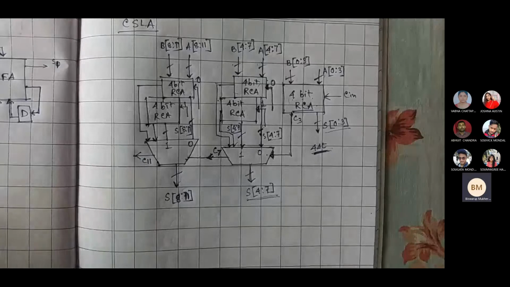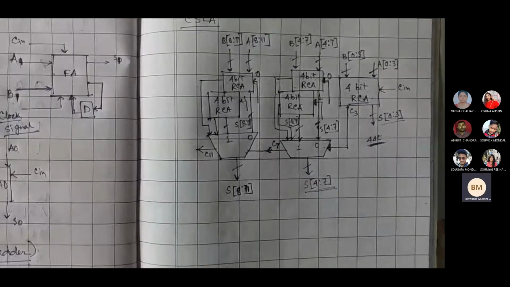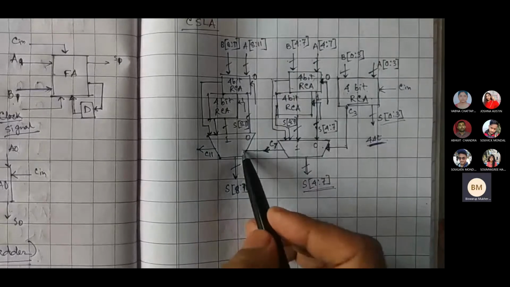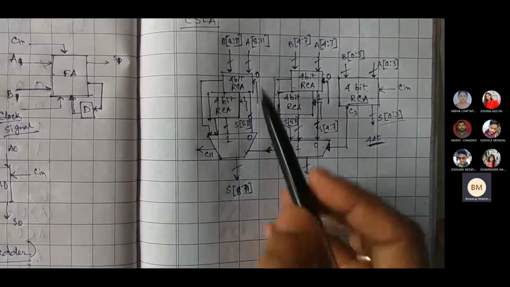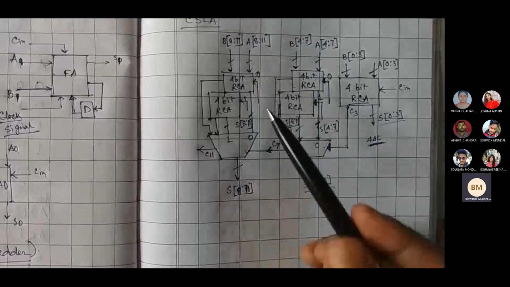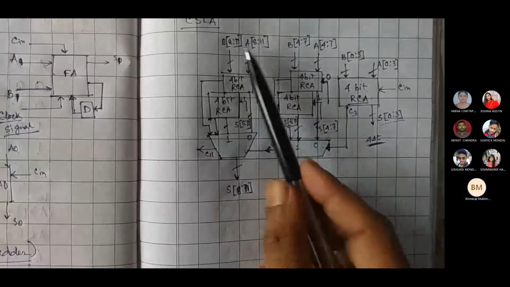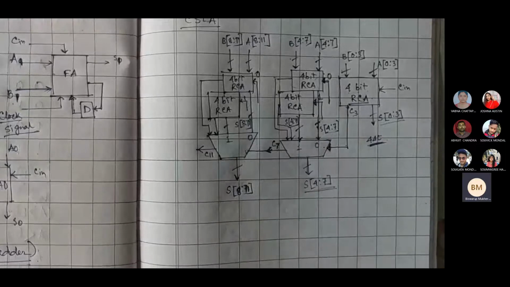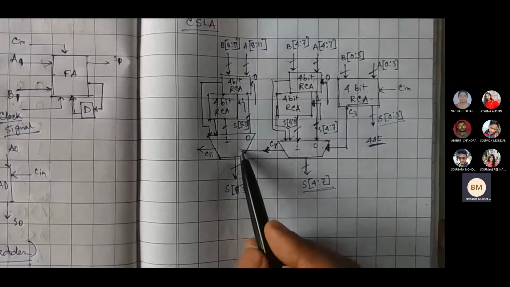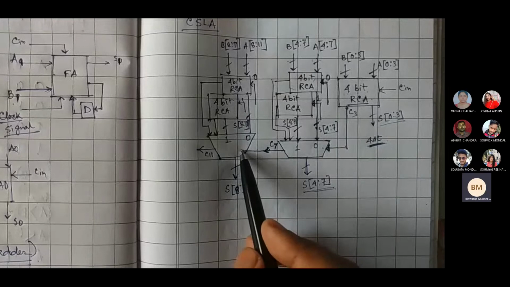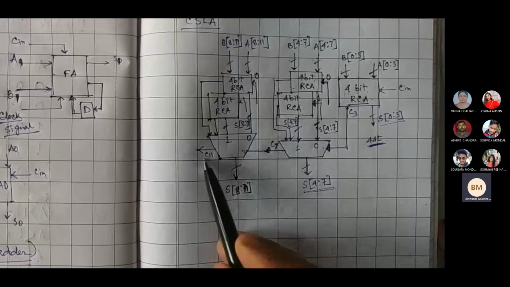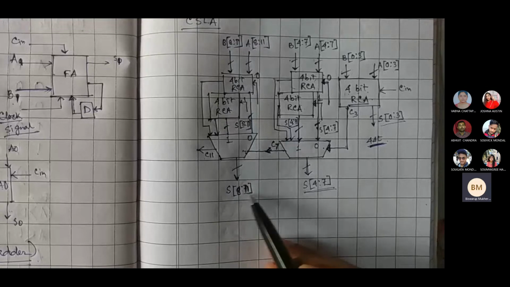Even better, if you consider the next one, you already have this part, 8 to 11, where the addition has already been performed. Right after 4 delta t, whenever C7 has been generated, you get C7 after 4 delta t, and that C7 automatically generates C11 as well as S8 to 11.